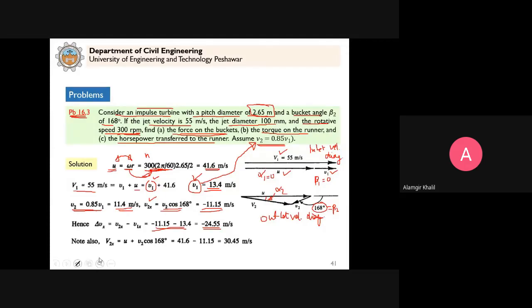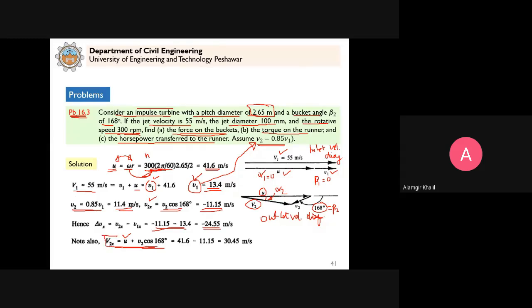Similarly, you can calculate V2, its component in the u direction, in the x direction. So the absolute velocity is equal to the absolute velocity of the vane or blade plus the relative velocity component. If you remember, whatever the shape of the triangle, we have this relationship.